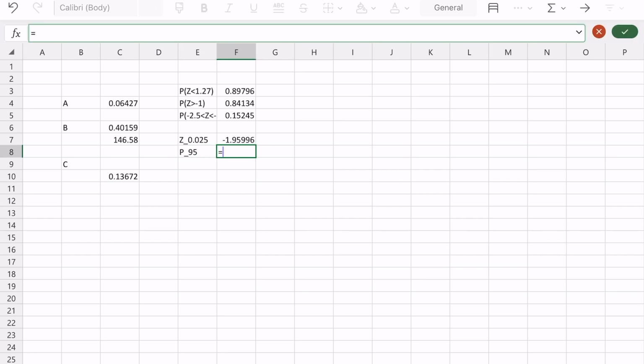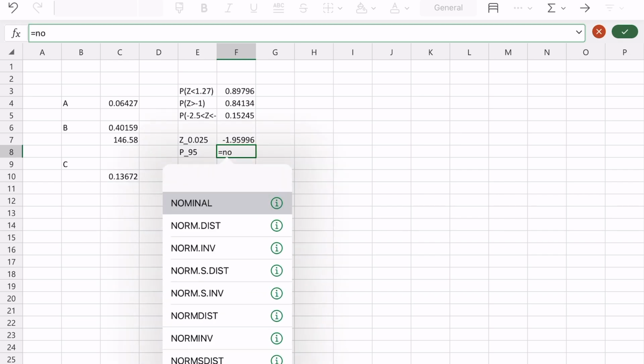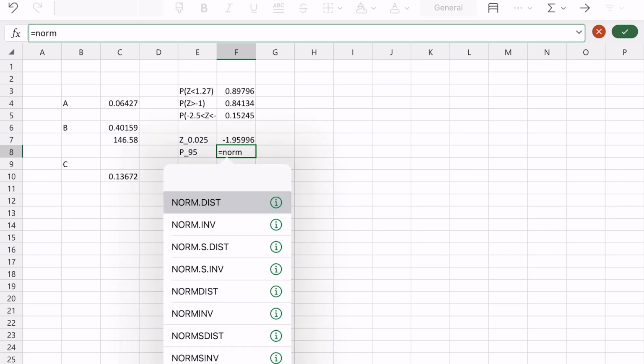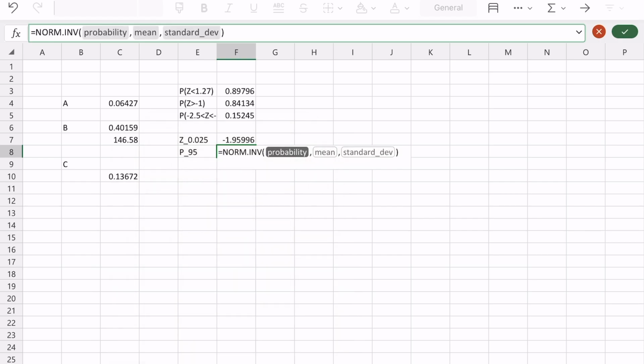I'm going to go equals norm. I am not looking for the probability. I am looking for the x value, the data. I'm going to use the inverse, and it takes the probability.